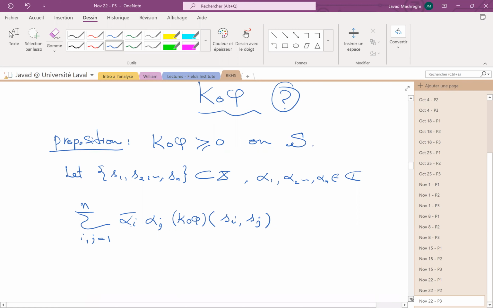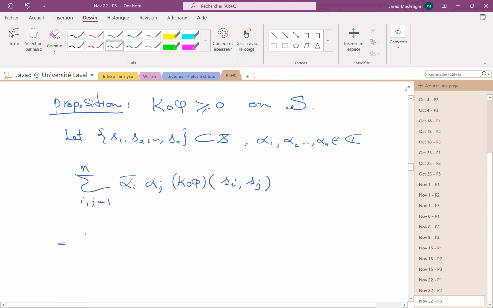Well, by definition, this is the sum over i, j from 1 up to n, alpha i bar, alpha j, K evaluated at points phi(si) and phi(sj).